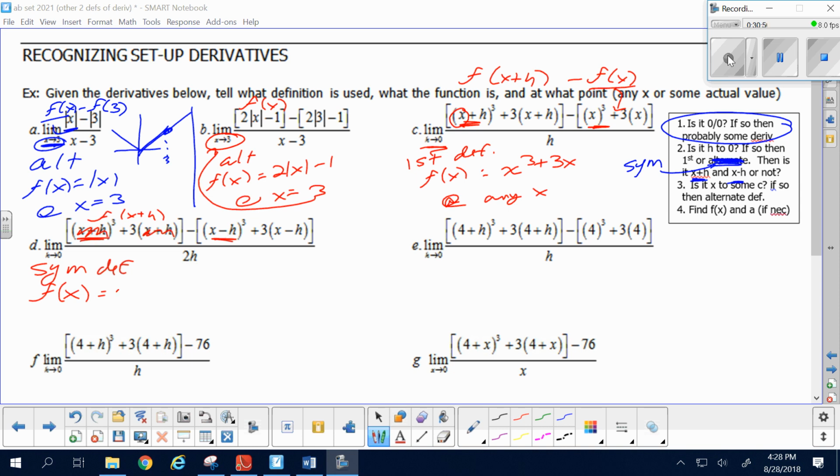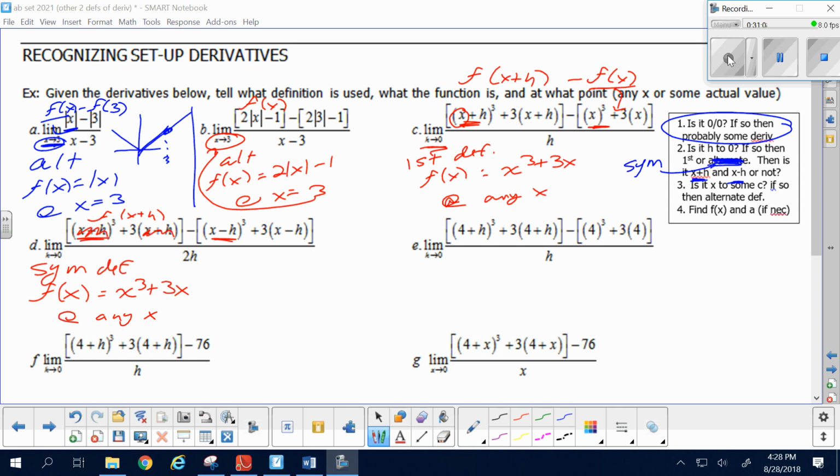So I would say the function is x cubed plus 3x. As far as at what point, it's generally at every x, and so it's at any x. It's a derivative rule to be used with any x, not a specific slope at a number.